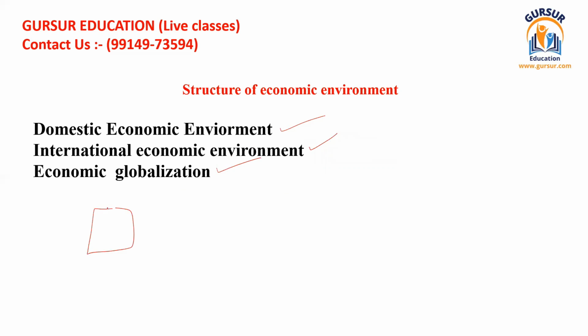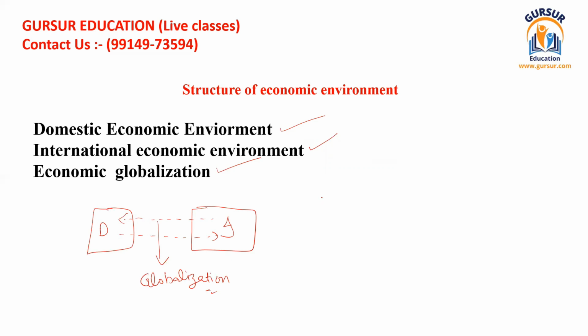Domestic is just within the country, international is just outside the country, and globalization simply means when you interact with the international economic environment. So this is domestic, this is international, and their interaction between both is referred to as globalization. You can make that kind of structure as well. I hope you have got the idea.